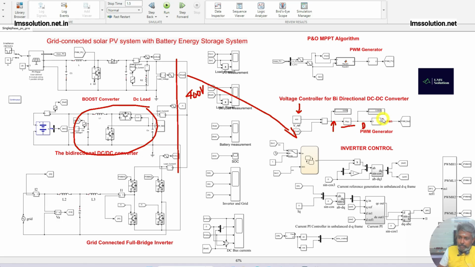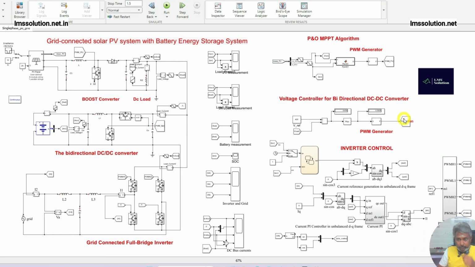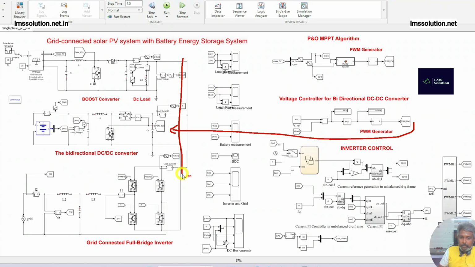The PWM generator generates the pulses, which are given to the bidirectional converter. So this voltage control method takes care of maintaining the DC bus voltage around 400 volt.